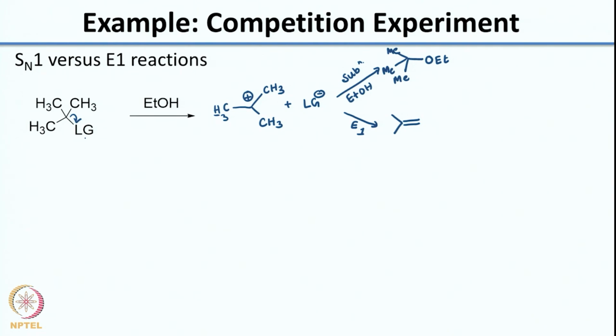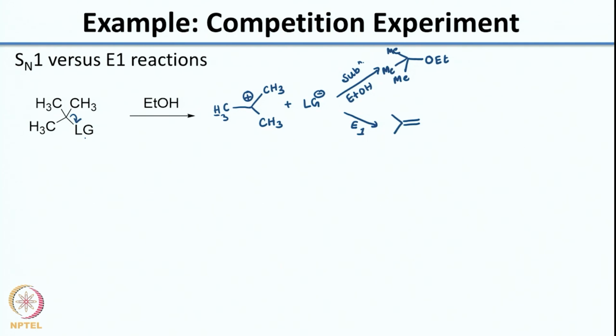So, irrespective of whichever leaving group, you would end up generating the same carbocation. So, once you generate the same carbocation, if your nucleophile is the same, which is ethanol in this case, one would assume that you would have the same extent of substitution or elimination irrespective of whichever leaving group you choose.